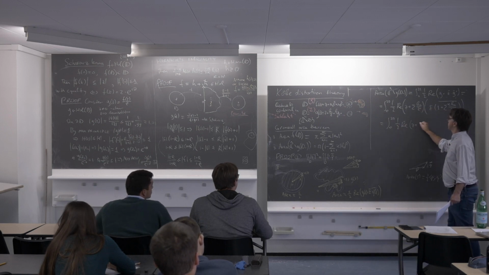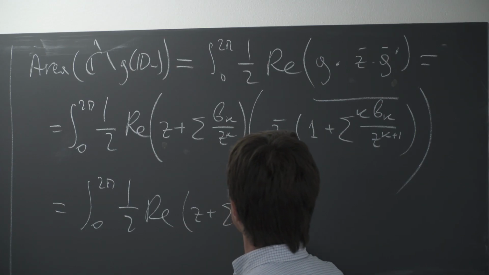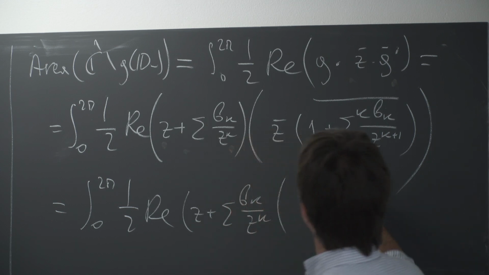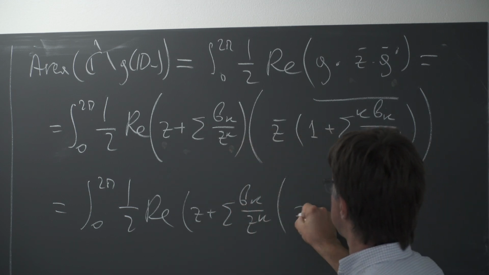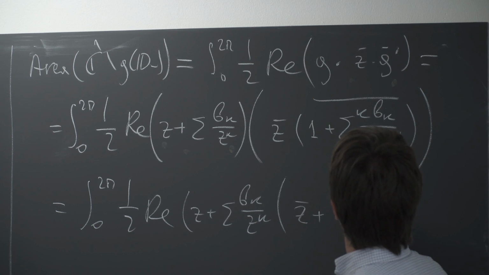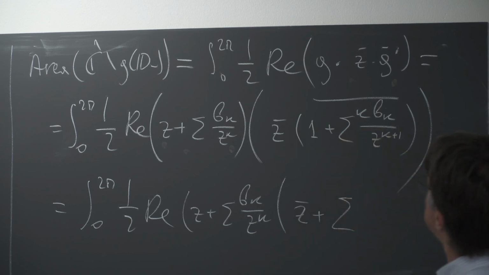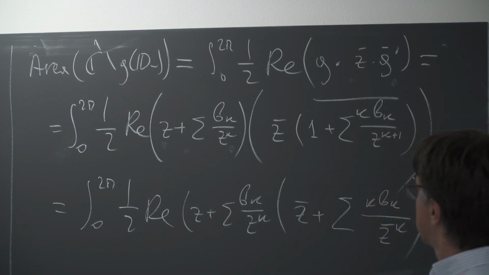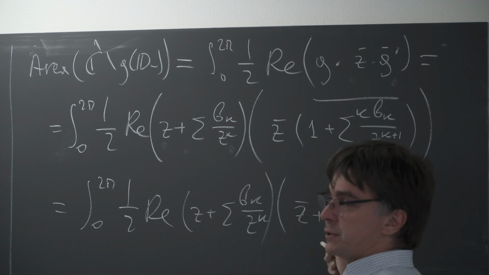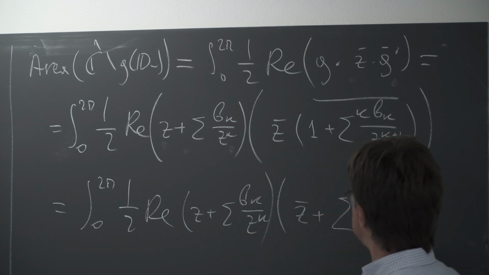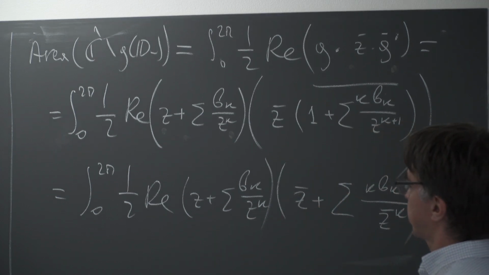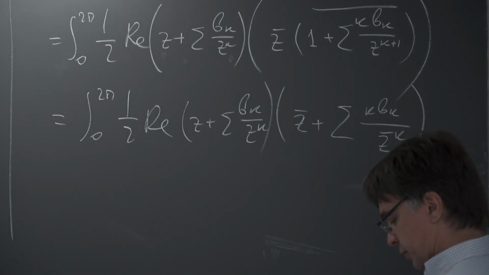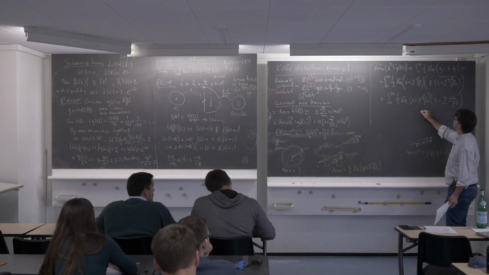Now the first series I leave as is. And the second one I put z bar under the thing, so it's z bar plus the sum of k bk over z bar to the power k. So we basically have two identical series, one with bar and also with k. And now there is a very nice observation.